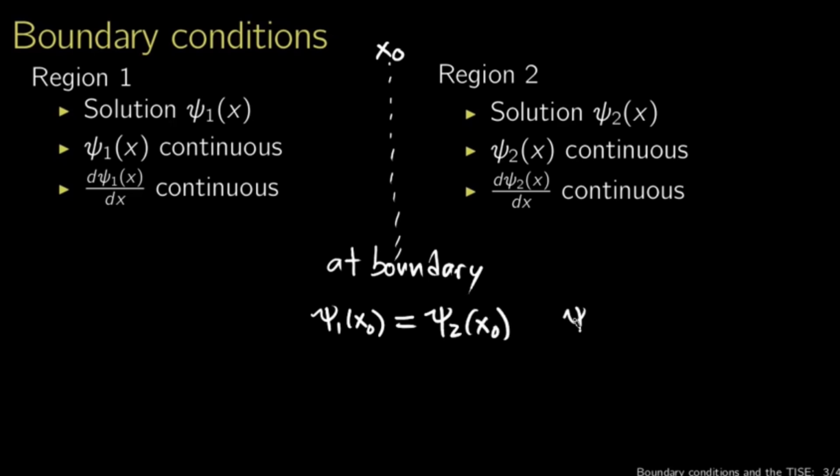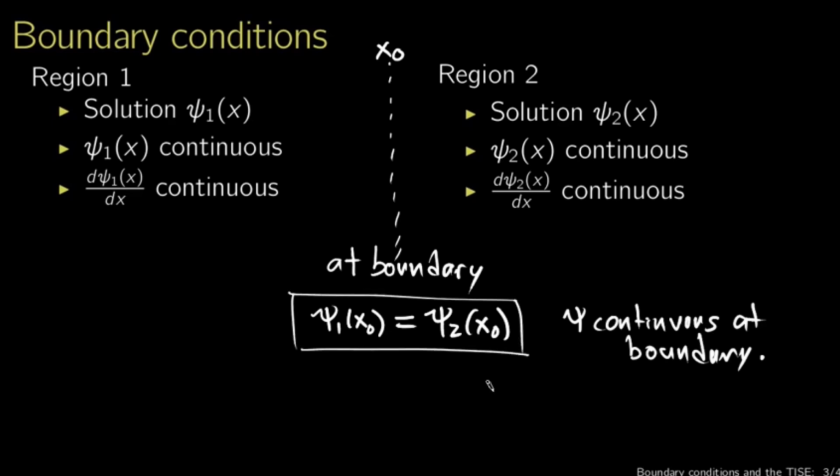This says psi is continuous at the boundary. This is necessary in order to prevent our overall wave function from having effectively infinite kinetic energy. That's our first boundary condition when we're matching two solutions together.